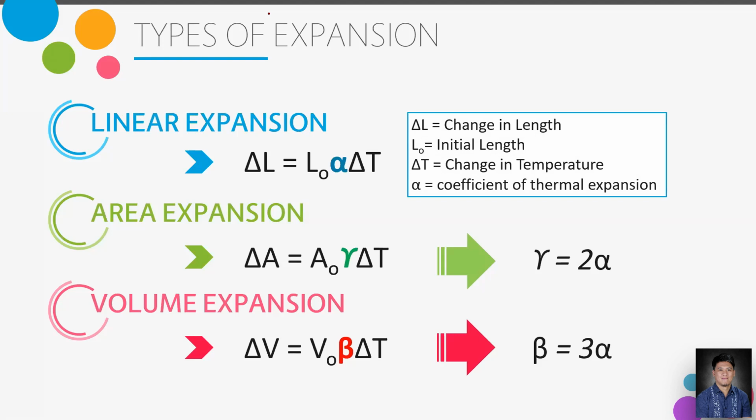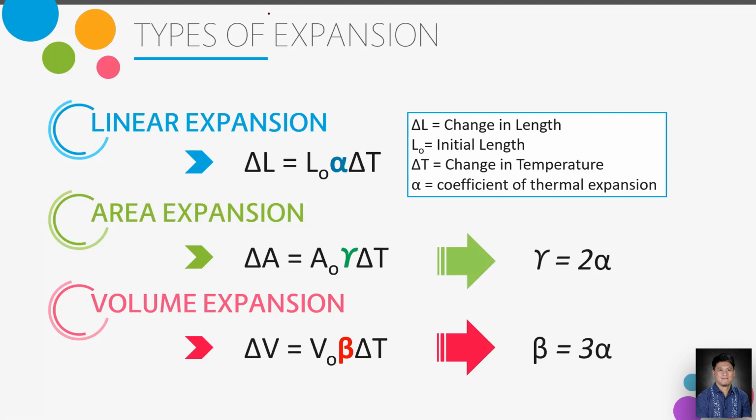So there are some objects whose coefficient of thermal expansion is already given. There are some objects where the coefficient of thermal expansion was already solved by experts. So we can see this on the internet.